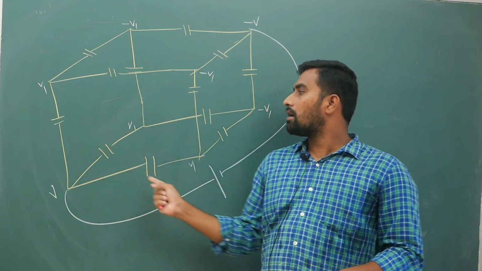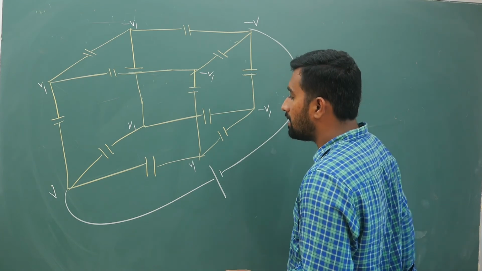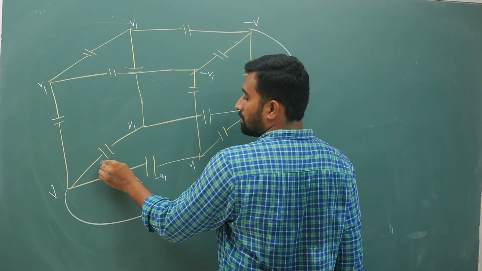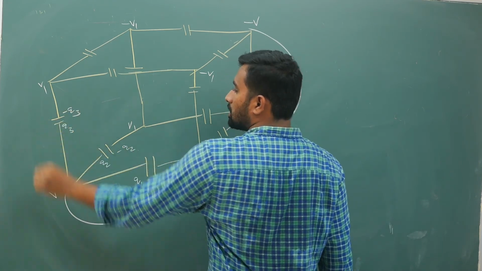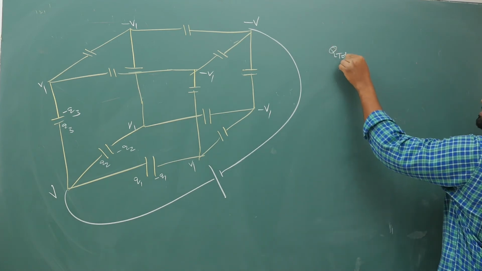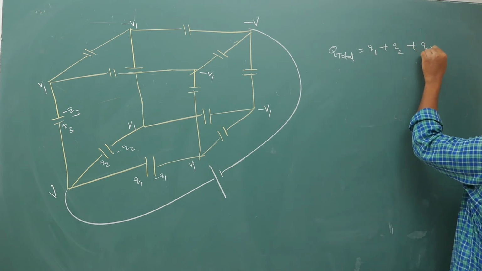From the positive side, all the ones that are connected will have positive potential plus V1. Now if you take your charges as plus Q1 minus Q1, plus Q2 minus Q2, plus Q3 minus Q3, your total charge Q total is Q1 plus Q2 plus Q3.